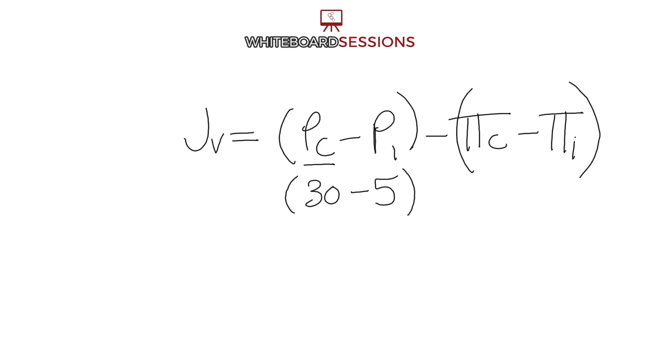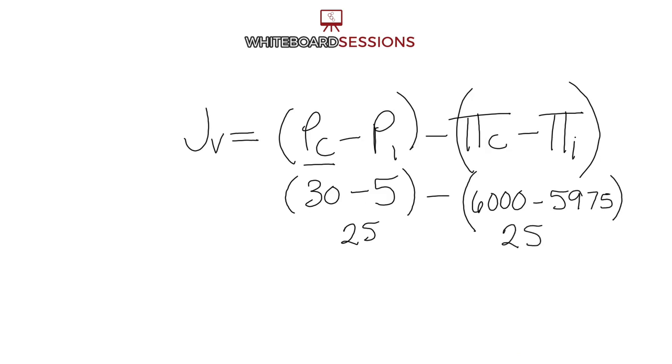Now, let's take that minus capillary oncotic pressure, which we're going to say is 6,000, just because, all right? 6,000 minus the interstitial oncotic pressure, and we're going to make that 5,975, okay? Subtract that first, and now you have 25 minus 25, which is 0, all right? So what does that mean? Well, 0 would mean there is no fluid movement.